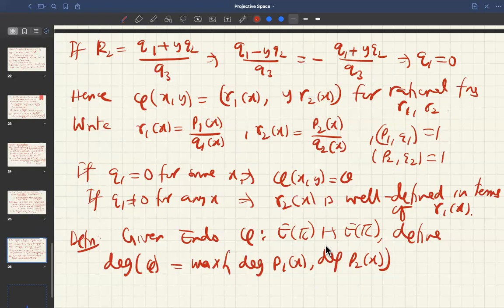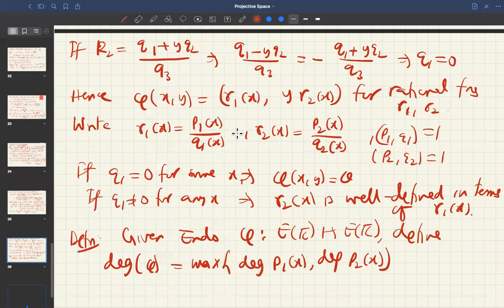If Q1 is not equal to 0, then P1 of x by Q1 is the x coordinate of that point. The y coordinate comes from using the x coordinate. That's why I write that it is well defined in terms of the first x coordinate.